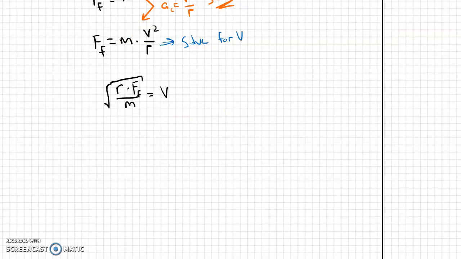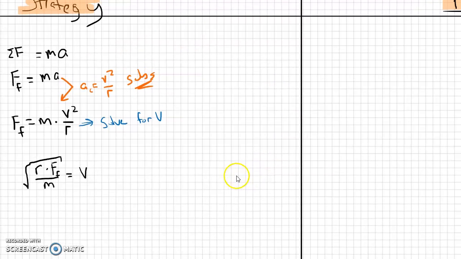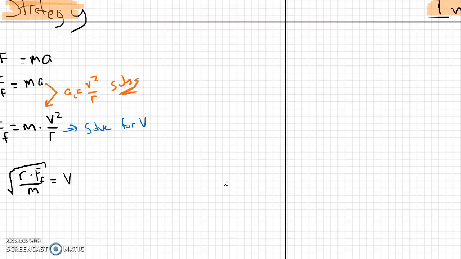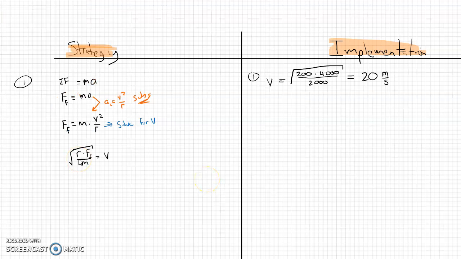Okay, so behind the scenes, I was able to isolate the v algebraically, and I end up with this equation right here. So we're going to substitute in our numbers and do the calculation. What I did was substitute my numbers into this equation: the 200 meters is the radius, the force is 4,000 newtons, and my mass was 2,000 kilograms.